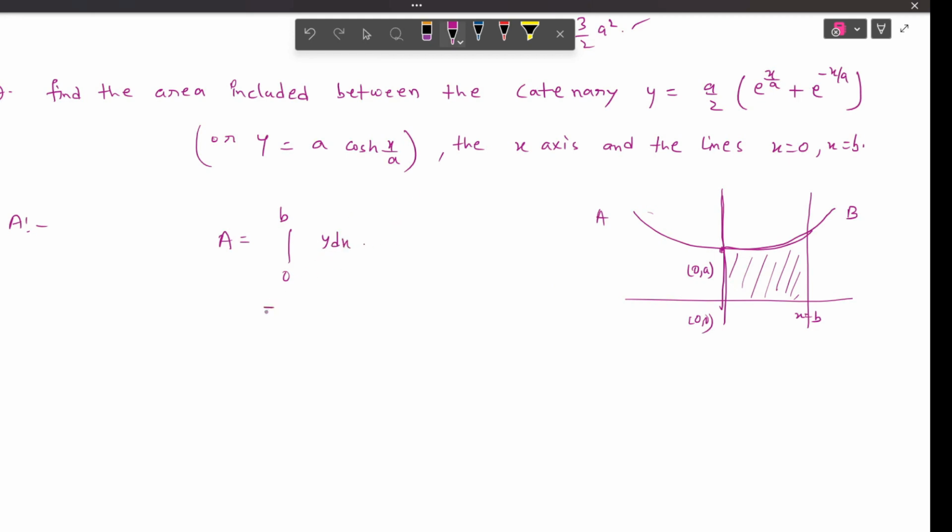Okay. Now let's put y here. Y is a by 2 into e to the power x by a plus e to the power minus x by a into dx.